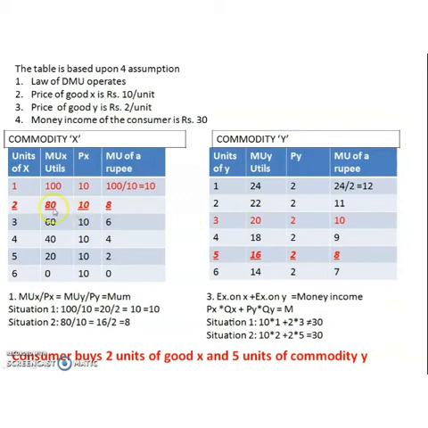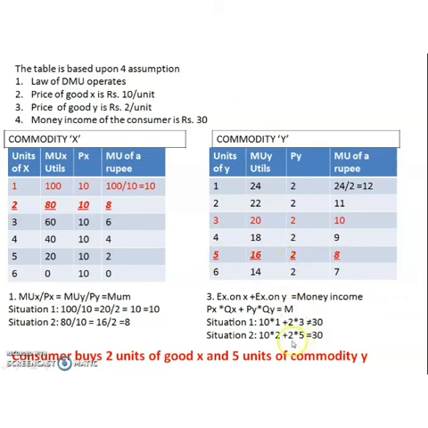But in the case of the second situation, what about the expenditure on X plus expenditure on Y? The consumer buys 2 units of commodity X, so quantity of X is 2 into price of X is 10. 10 into 2, that is 20, plus, what about Y? The consumer buys 5 units of commodity Y into price of Y is 2.